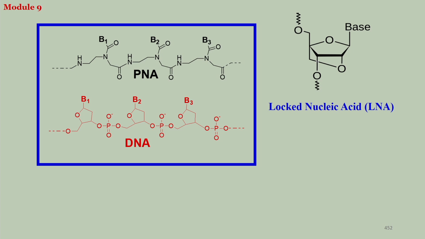So, I will start first with the PNA. Again, we have to look at the structure of the PNA. This has the backbone which has the ethylene diamine, CH2, CH2, NH2 and N. This N is attached through an amide bond, and then you have the nucleobase attached to it covalently.